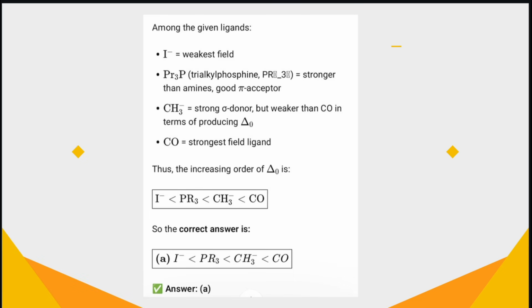And CH3 minus is a strong sigma donor but weaker than CO in terms of producing delta. And CO is the strongest field ligand. Thus, the increasing order of delta naught is I minus less than PR3 less than CH3 minus and less than CO. So here the correct answer is option A: I minus less than PR3, that is less than CH3 minus, and that is less than CO.